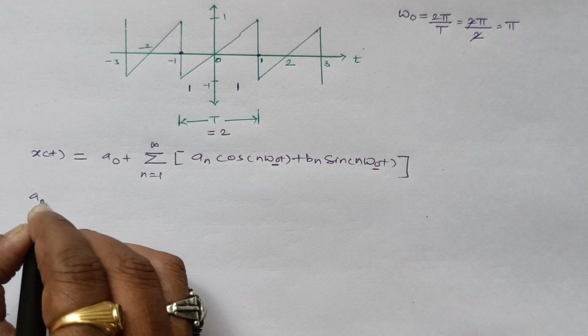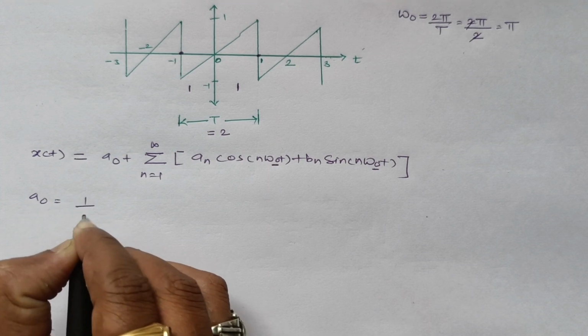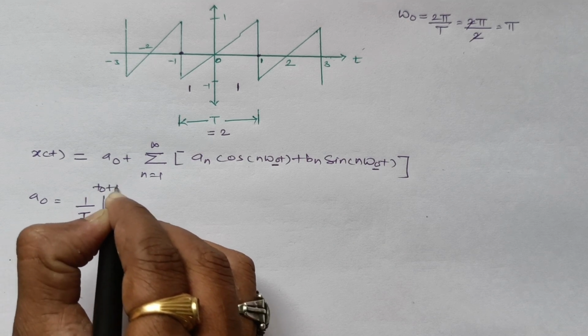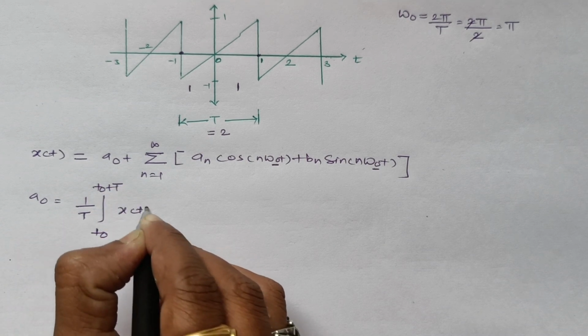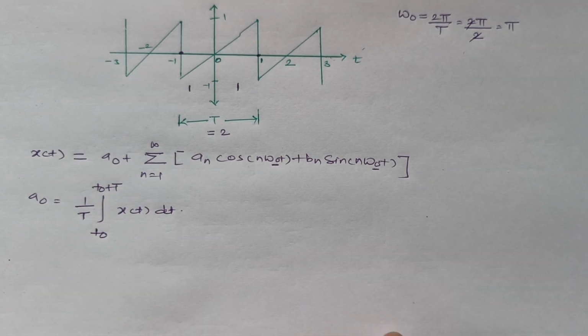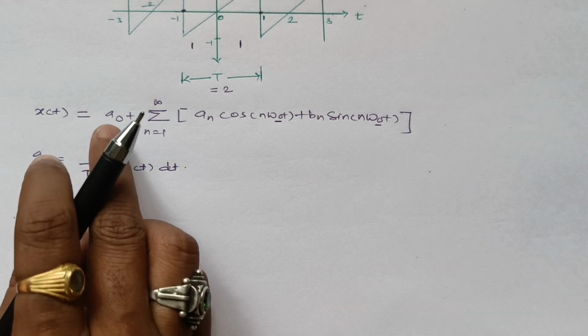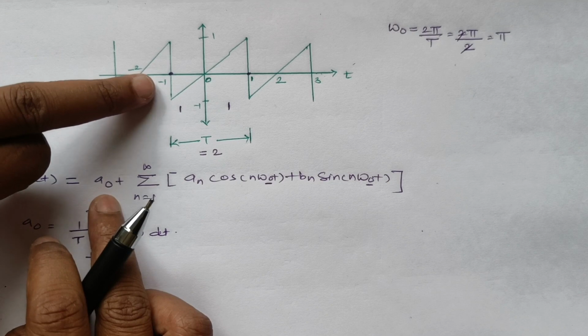As the first coefficient, a naught will be 1 upon T integration from t naught to t naught plus T x(t) dt. This is the standard formula. Now to check what is t naught and what is t naught plus T, we'll start with the lower limit.